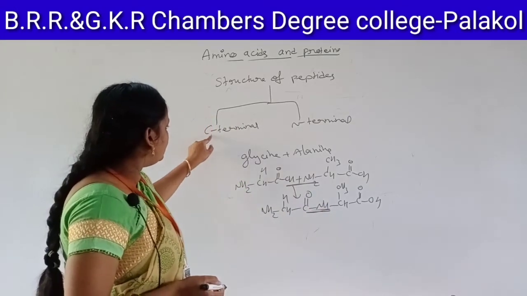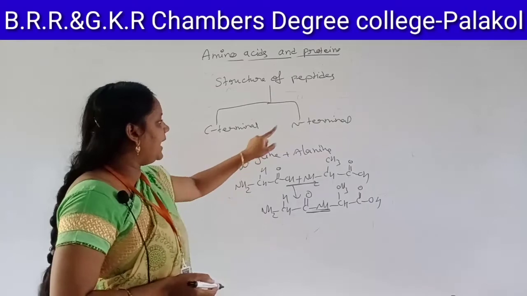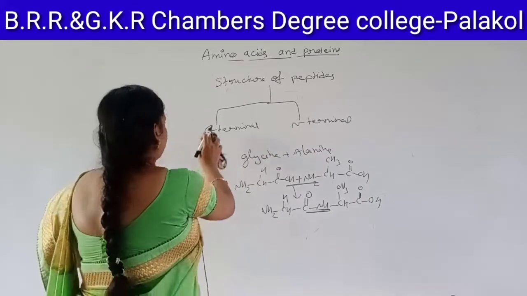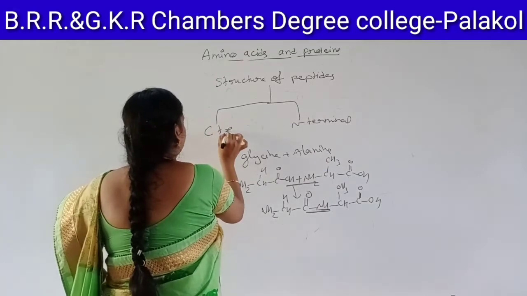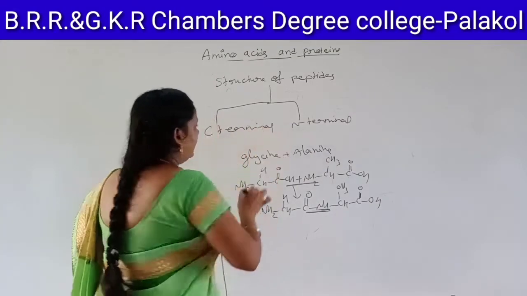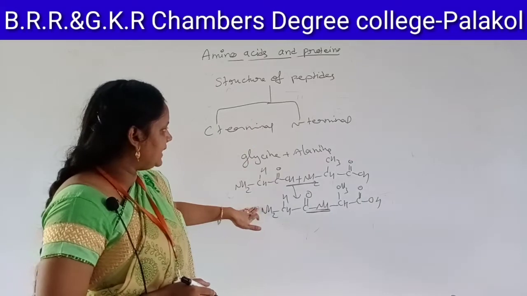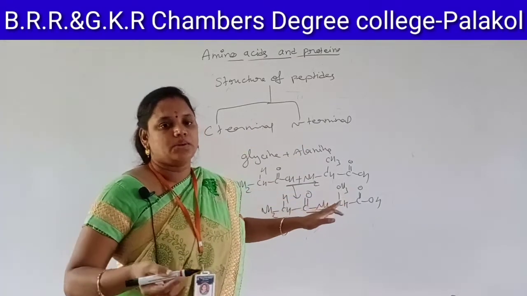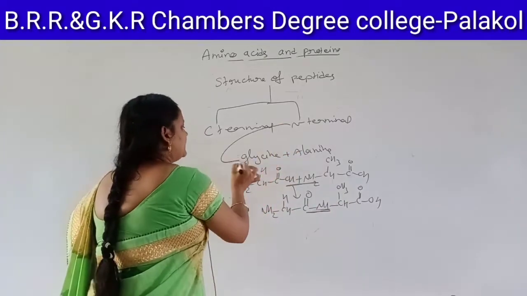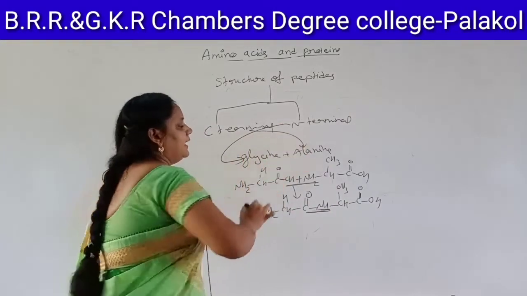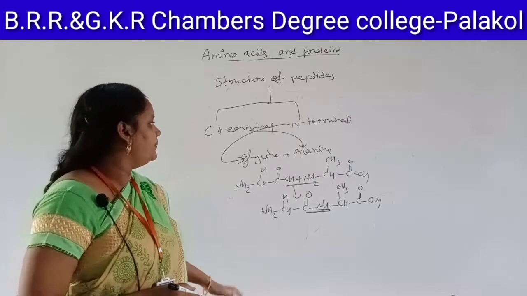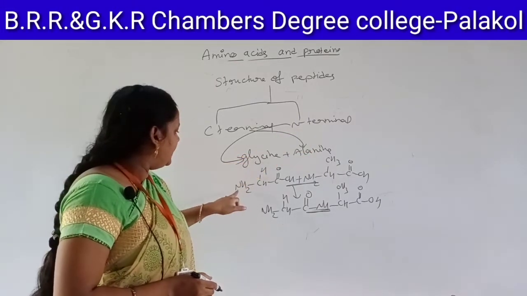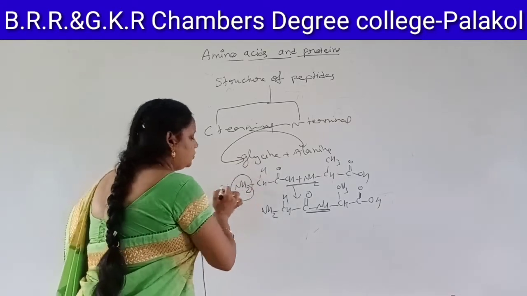Here, the N terminal is this glycine and the C terminal is alanine. Why is it so? Because in N terminal glycine, we have a free NH2 group.